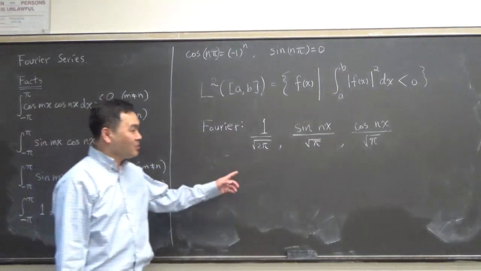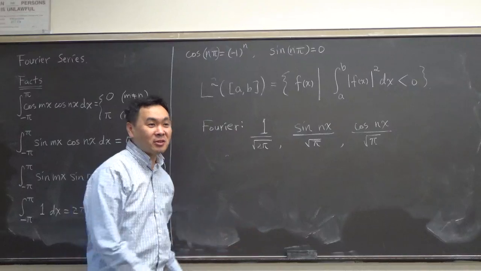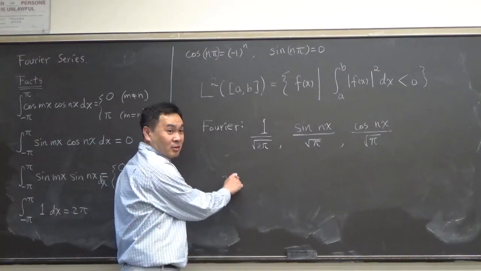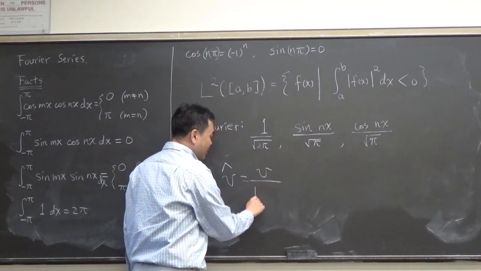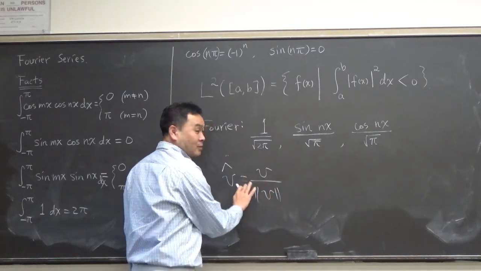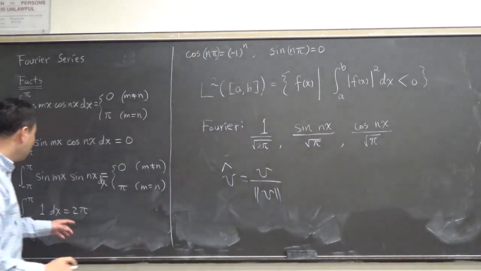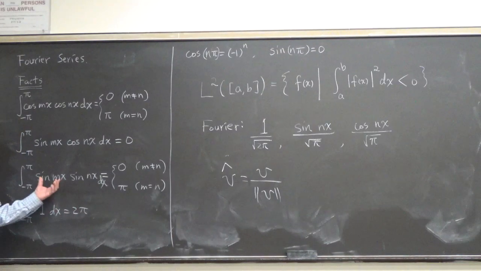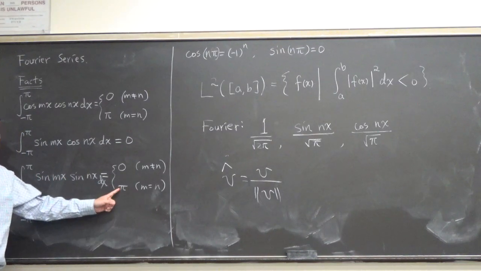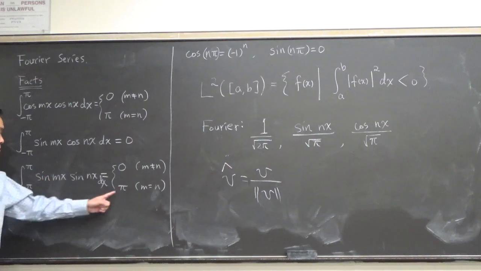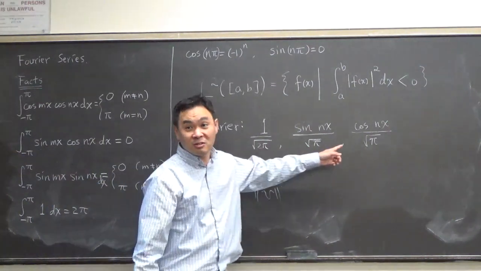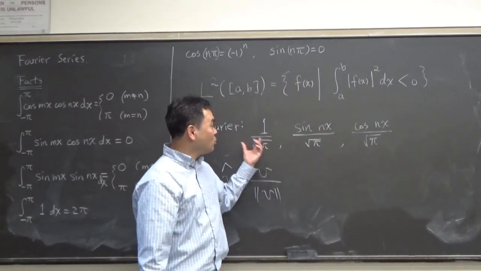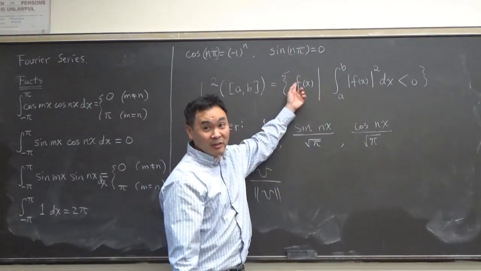And you know how to normalize a vector, right? If you take any vector, then the normalization of the vector is the vector divided by its size, right? Because v dot v is the norm squared, the norm of this function is square root of pi. So you're just dividing by its size. So these are unit vectors in this space.